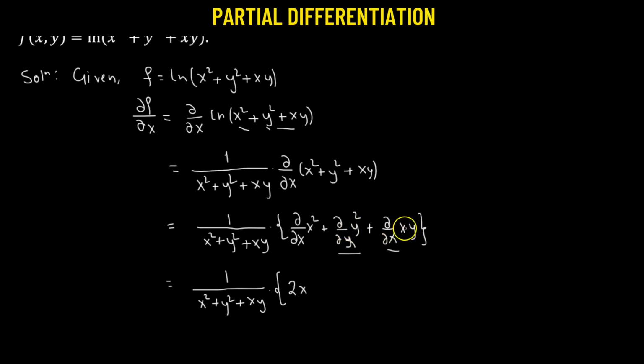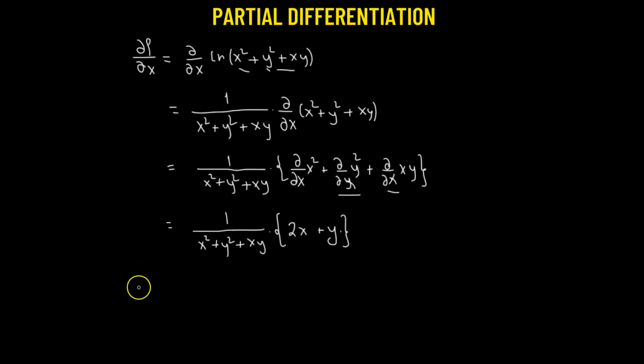In the third term we have x times y, the y is treated as a constant, so we have y multiplied by the partial of x with respect to x, which is simply 1. So the partial of f with respect to x is given by 2x plus y divided by x squared plus y squared plus xy. Let's label this as number 1.